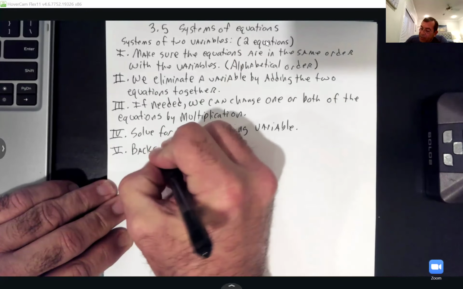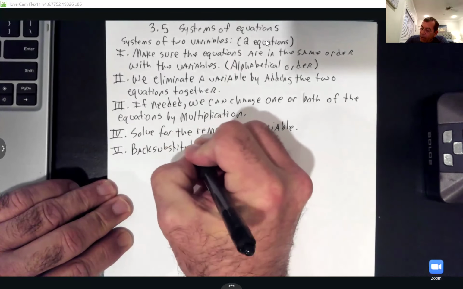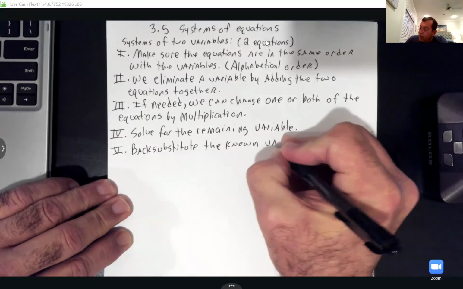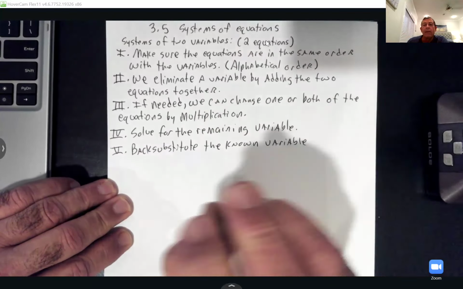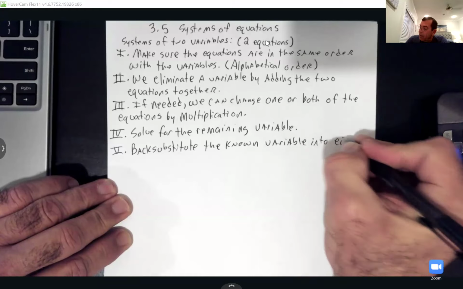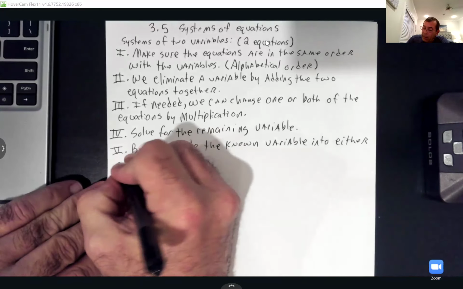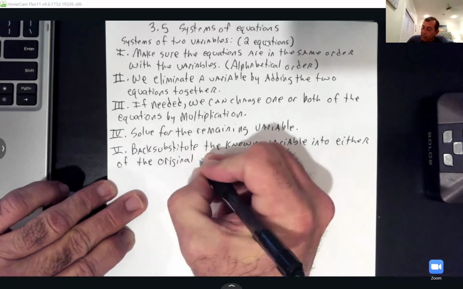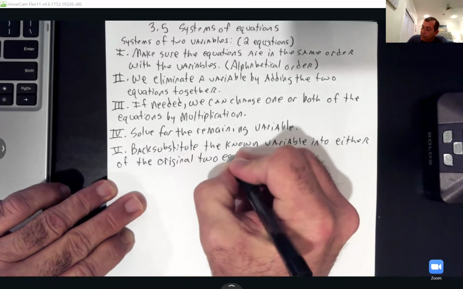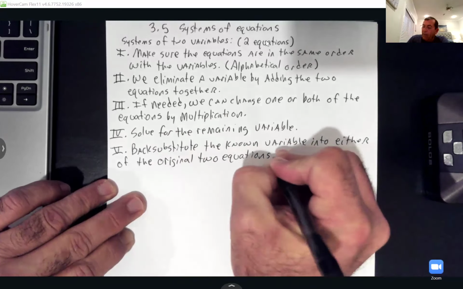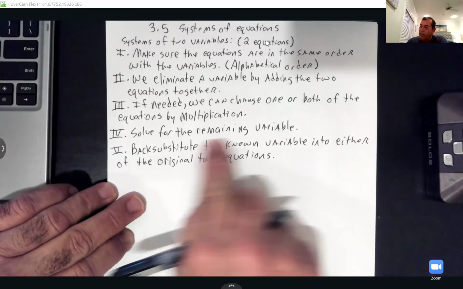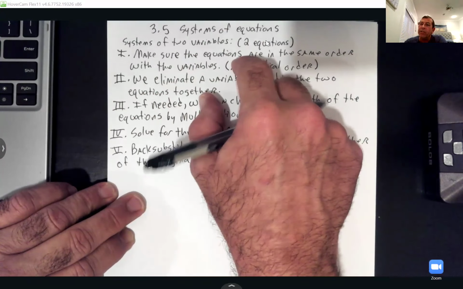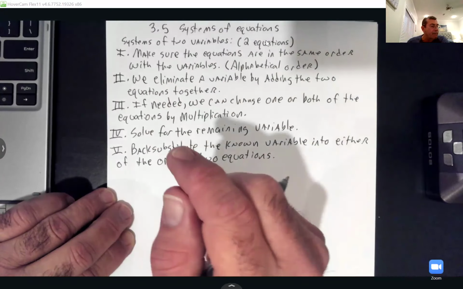So we're going to back substitute the known variable into either of the original two equations. Because y'all, these are going to have x's and y's. Well, once I solve for, say, the x, I'm going to back substitute it into one of the two original equations and solve for that remaining y, okay?